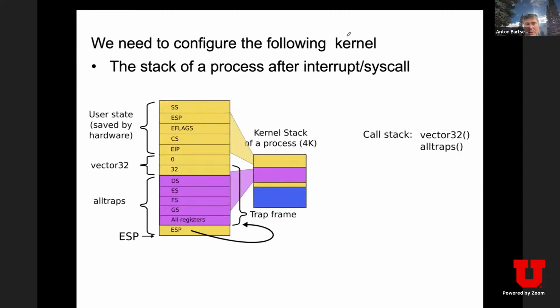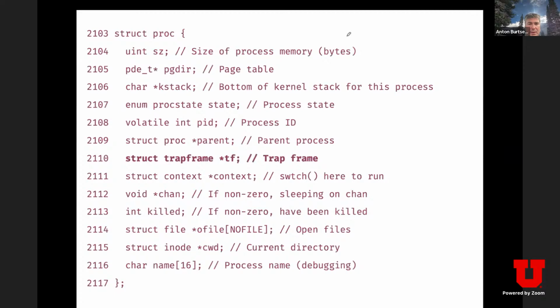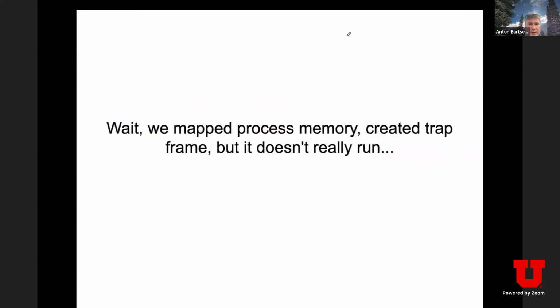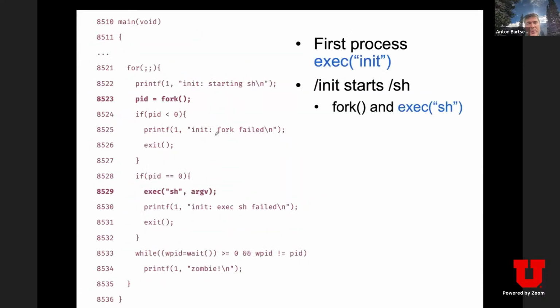What I wanted to say here is the following. This is the init process. If we exec into init, it looks like this. It says, okay, I will fork, and I will replace myself with the shell. And this is what you see when x86 is running.